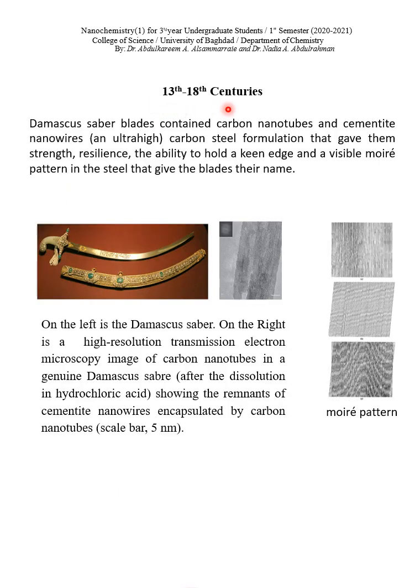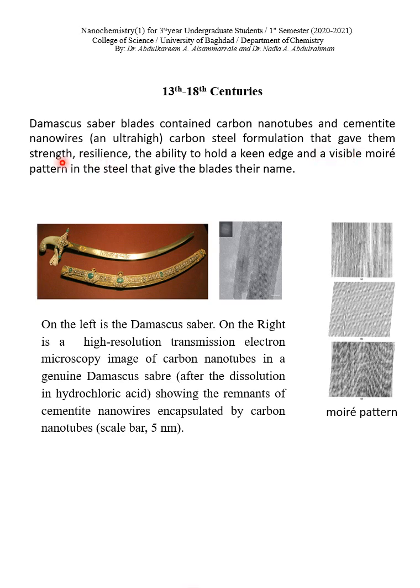More examples in 13th to 18th centuries. Damascus saber blades contain carbon nanotubes and nanowires and an ultra-high carbon steel formulation that gave them strength, resilience, the ability to hold a keen edge and a visible moire pattern, and the steel that gave the blades their name. إذن السيف الدمشقي Damascus saber blades contain carbon nanotubes and nanowires. فإذا كان يحتوي على الكربون nanotubes and nano wires اللي كانت تنطي صفات فريدة.